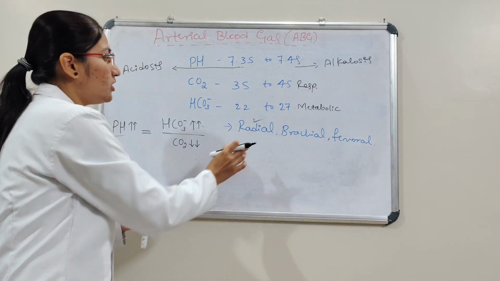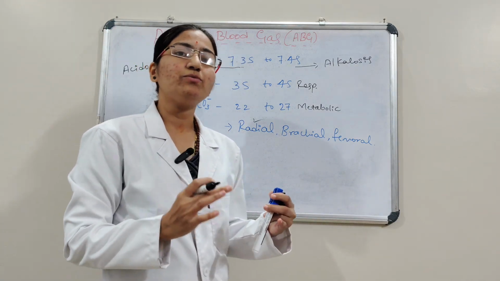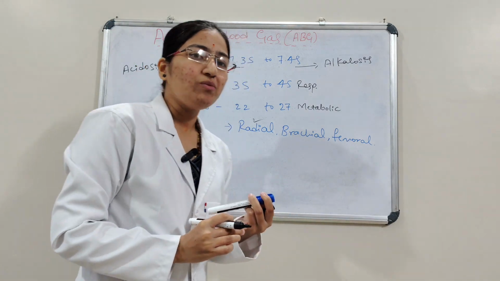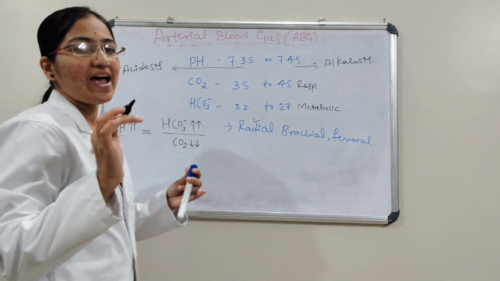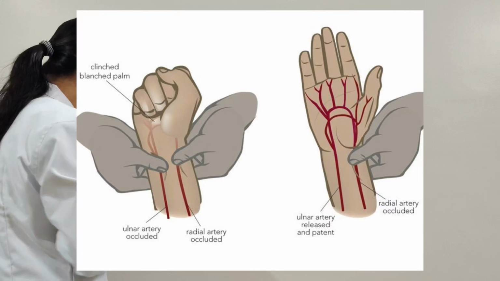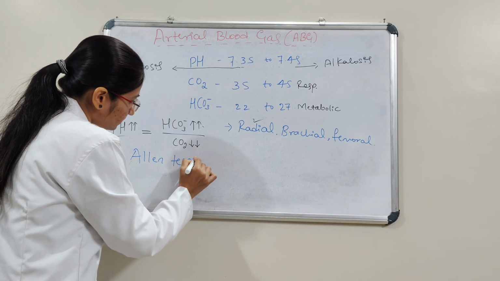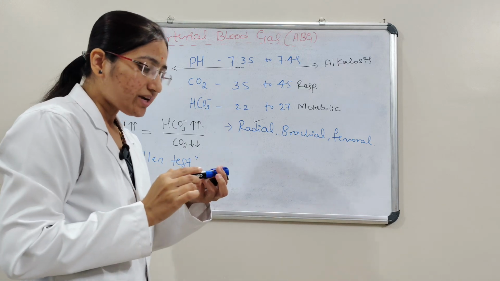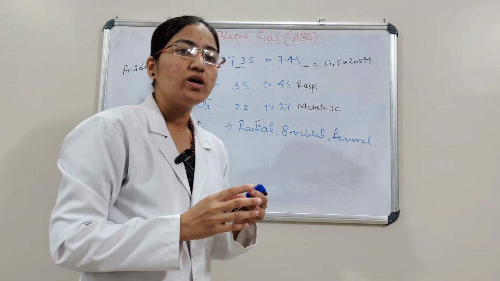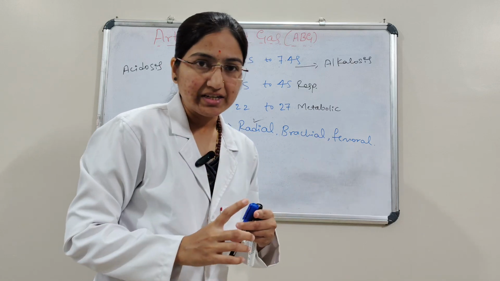Before taking a blood sample for ABG analysis, always go for the Allen test. Which test? Allen test. The Allen test is most important to assess the patency of the ulnar artery.